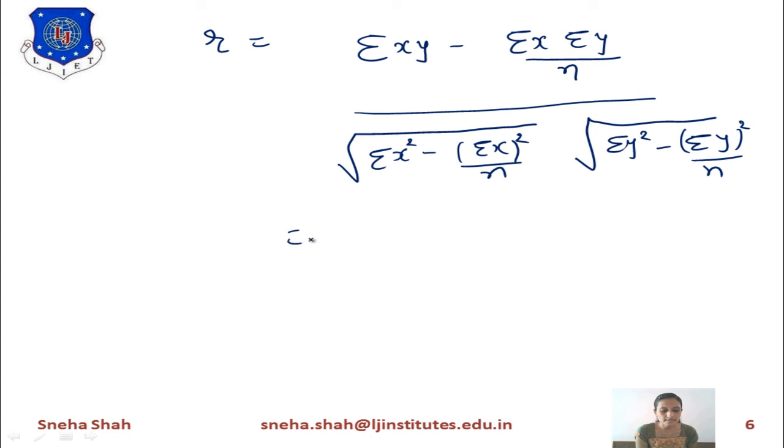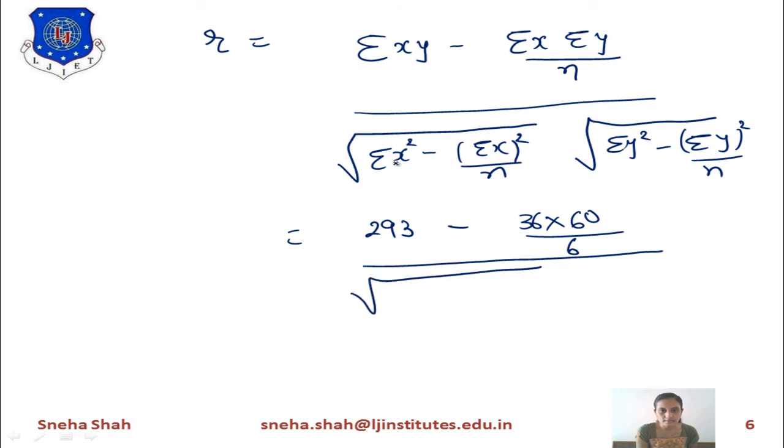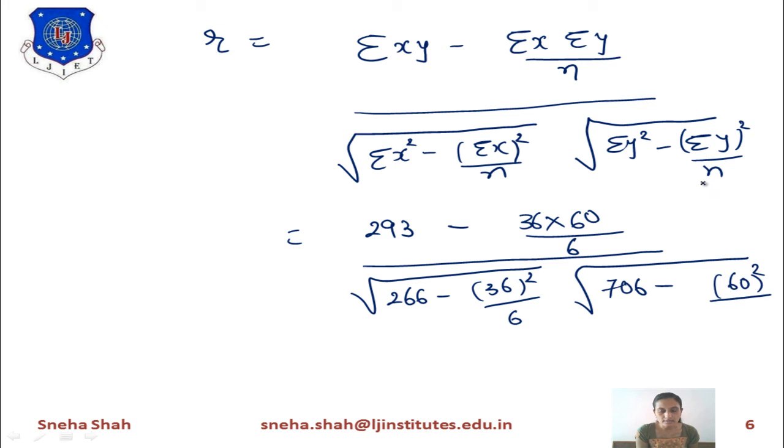Summation xy gives us the answer of 293 minus summation x, which is 36, into summation y, which is 60, upon n equals 6, upon under root summation x square, where the value of summation x square equals 266, minus summation x, which is 36, its square divided by 6, times under root of summation y square, where the value of summation y square equals 706, minus summation y equals 60, its square upon the number of samples equals 6.